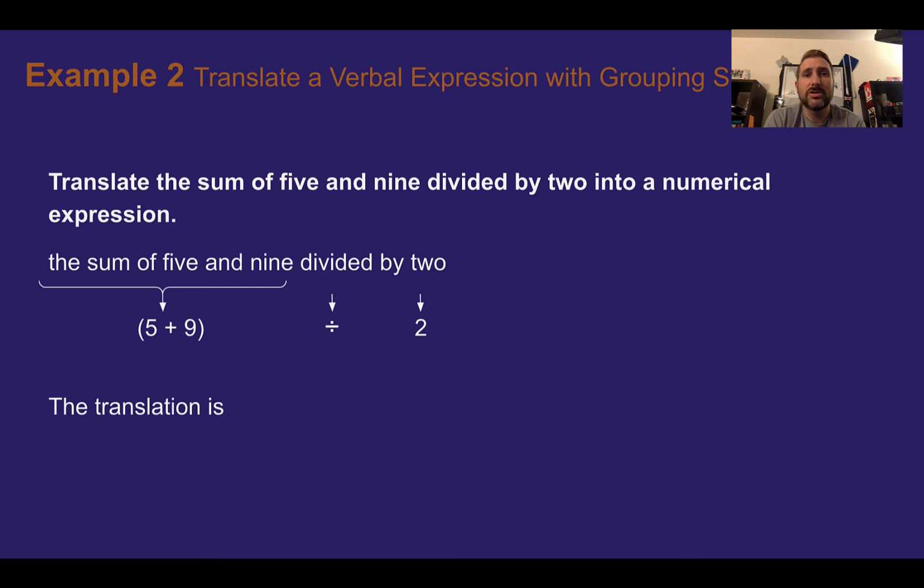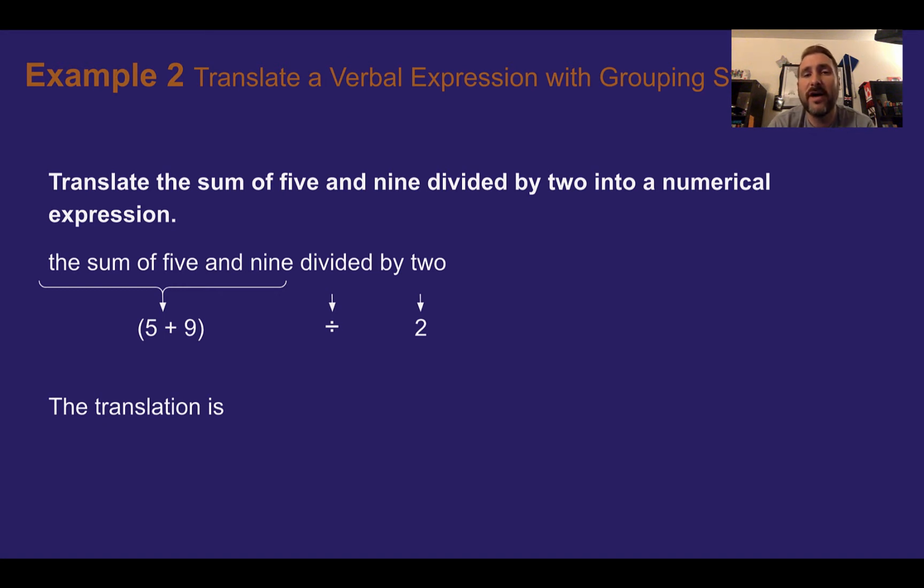Example 2. Translate a verbal expression with grouping symbols. Translate the sum of 5 and 9 divided by 2 into a numerical expression. So here, they kind of marked it out for us, but if you see the sum of, and then it gives you 2 parts or 3 parts, that indicates that that part is in parentheses.